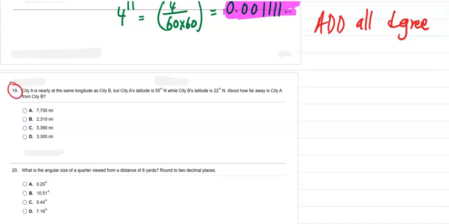City A is nearly the same longitude as city B, and city A has a latitude of 22 north, while city B has a latitude of 55 north. So here's the thing.